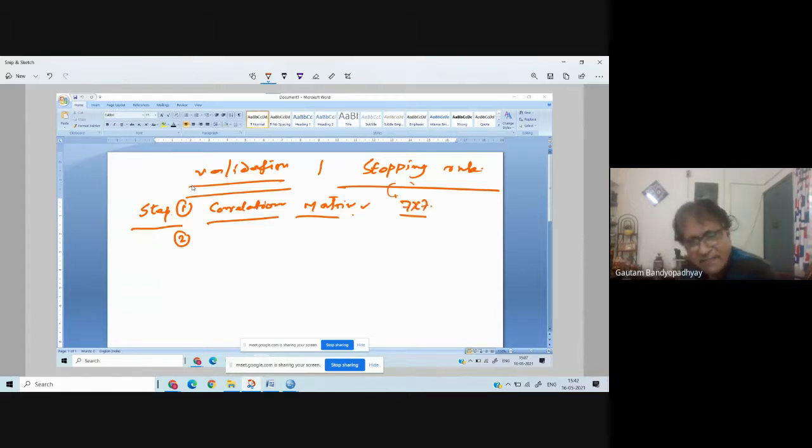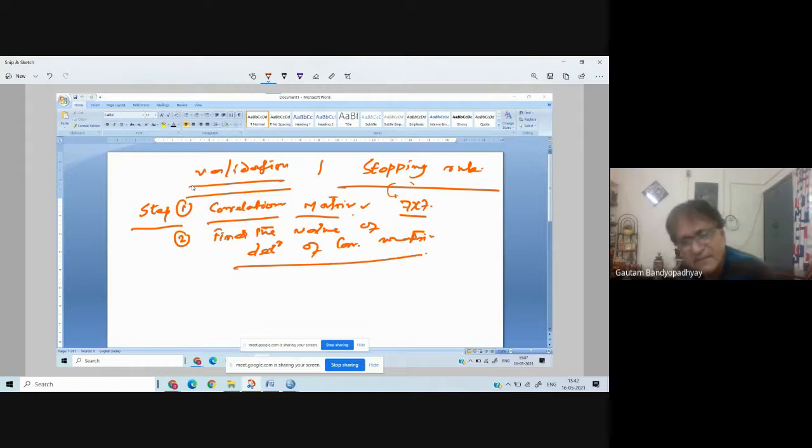If there are 10 variables, it creates a 10 by 10 correlation matrix. Second step is to find the value of the determinant of the correlation matrix.